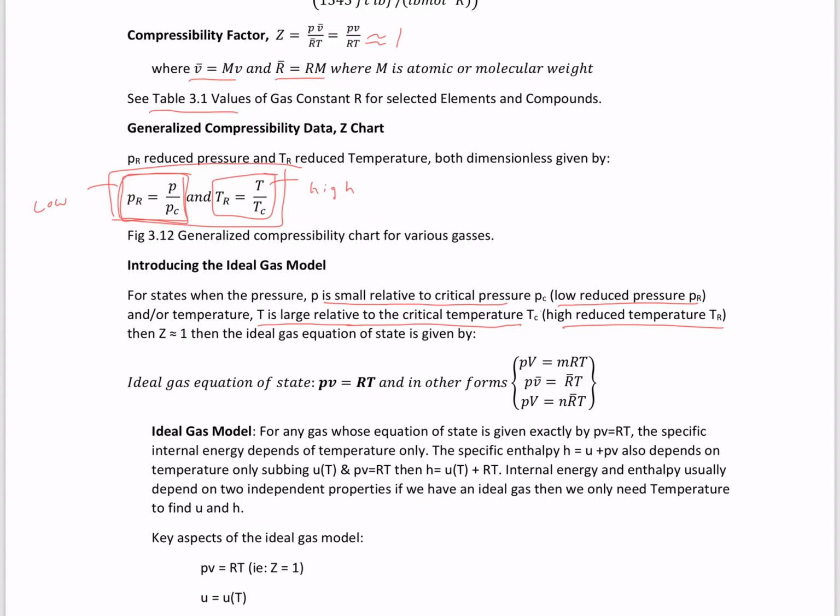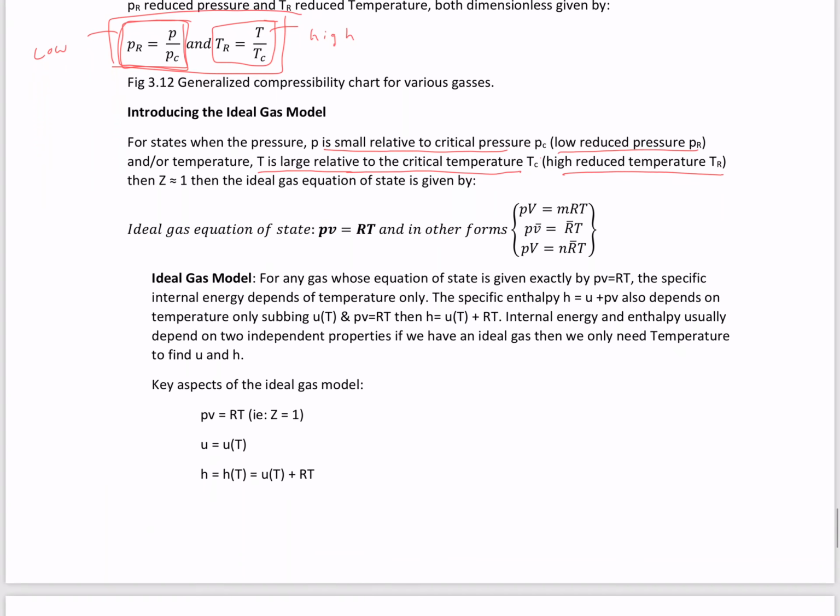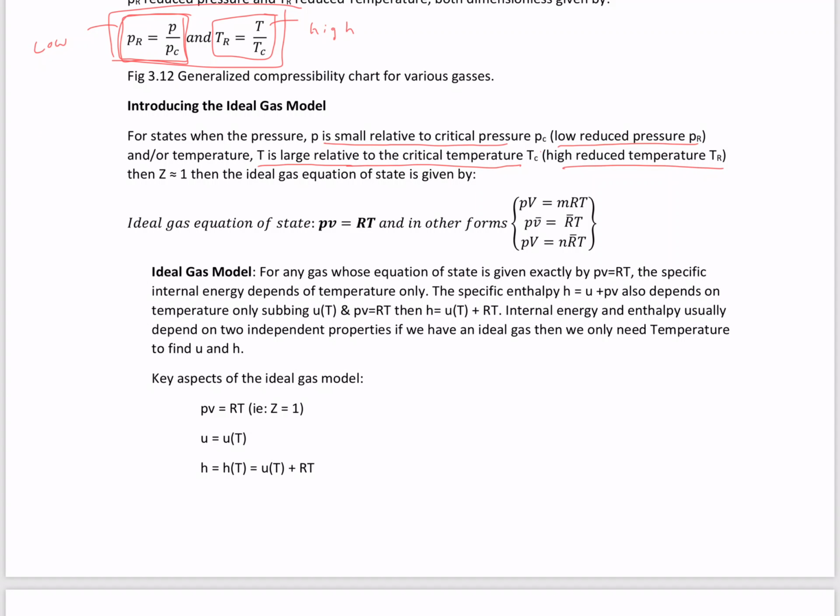When that happens, looking on the chart, then we can use the ideal gas model. So if Z is approximately equal to 1, then the ideal gas equation is given by PV equals RT. And we have these other forms, they're all the same, just different basis. So this is pressure times specific volume times universal gas constant times temperature, and so on.